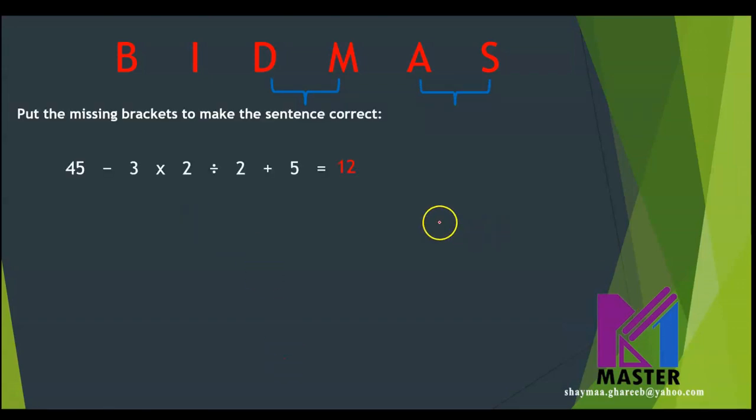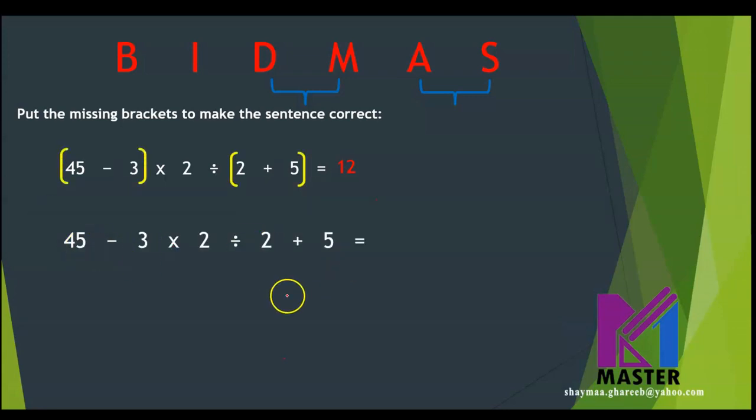Now let's see one more question. This is the same example from the previous slide. Now we are going to do the same numbers exactly, but this time with a different answer. So it's exactly the same, but this time we need to get 27. Okay?